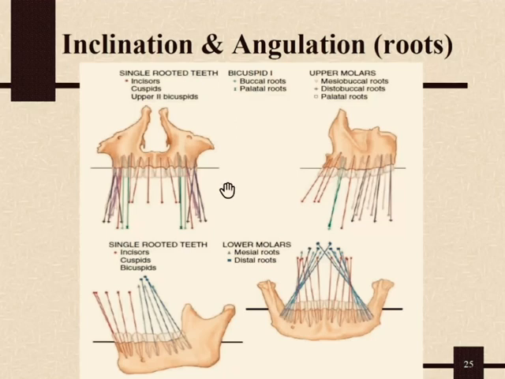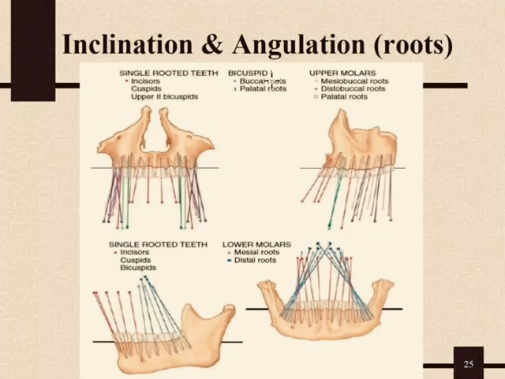In the final point here, the inclination and the angulation of the roots. Now, the relationship of the angles of the roots in the maxillary and in the mandibular. We have single rooted teeth, we have bicuspids, and we have multi-rooted teeth, the upper molars, 3 rooted teeth, and we have the mandibular molars also.